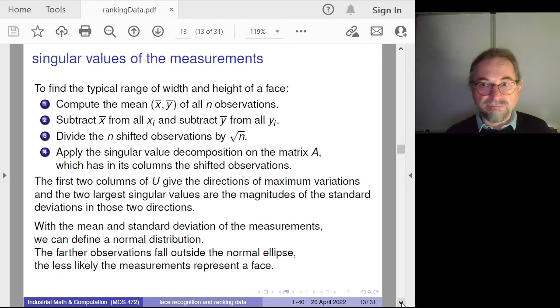If you have a new picture, and it turns out that the measurements are more at the outside of the ellipse, then although it might be a face, it is less likely to be a normal face. So that is a very basic classification of faces just by using two measurements.